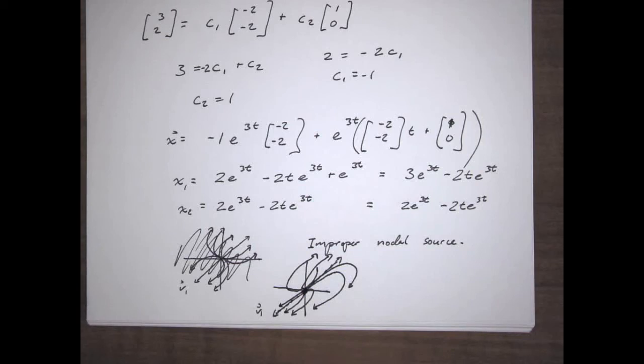Something along those lines. It's not really worth it to try to produce the exact nature of these, because it is a little bit tricky. But it is improper. It is a nodal source, and if you want to see a good picture of it, you have to go to something like Bluffton to get an accurate view.